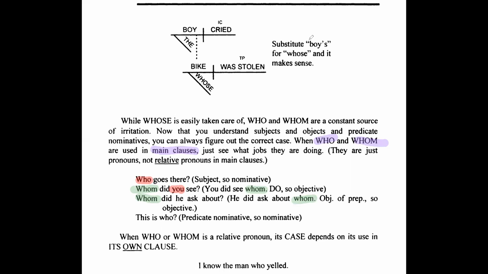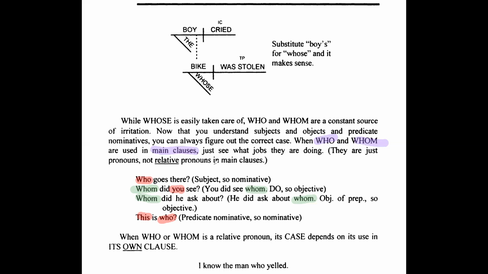This is who. This is our subject. This is our verb. Who is our predicate nominative. Oops, let me keep it the same color. Predicate nominative, and so it is nominative case, right? So those are these pronouns, who and whom, when they are in main clauses.